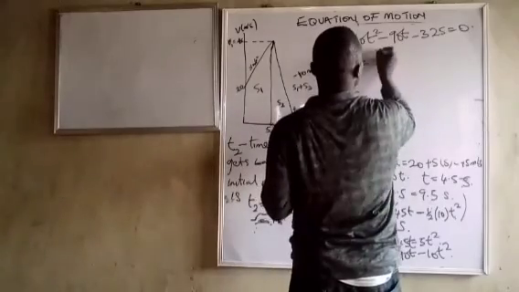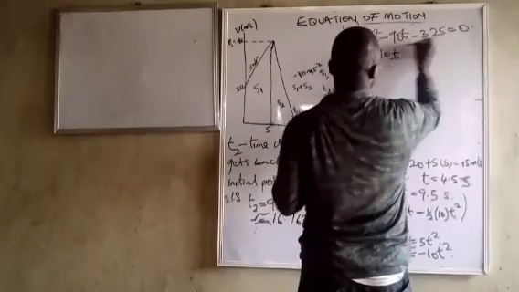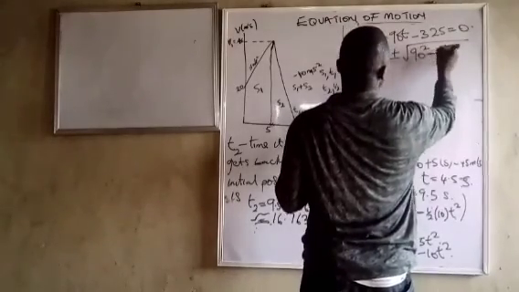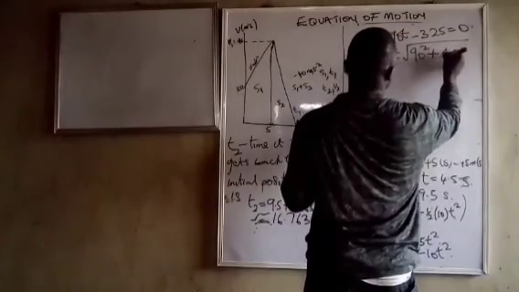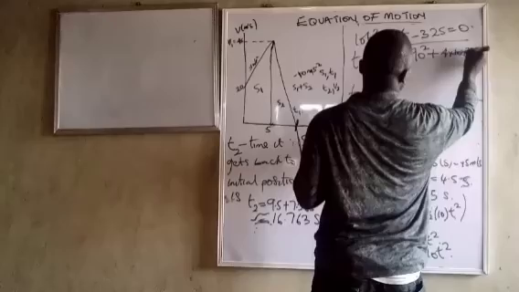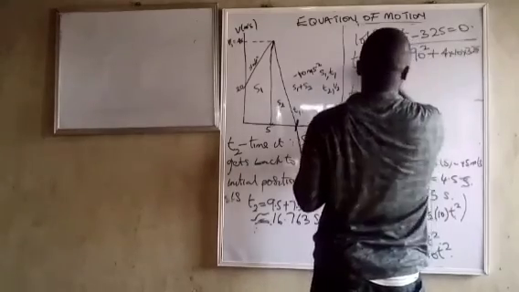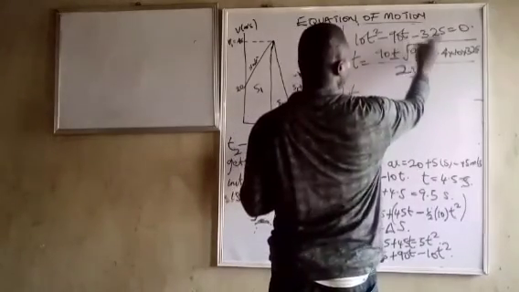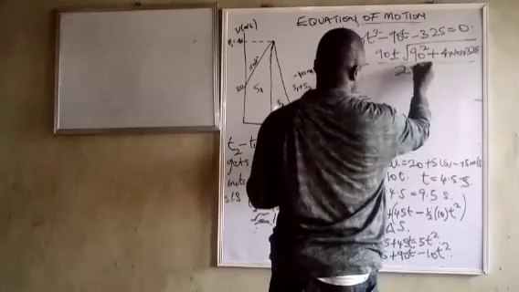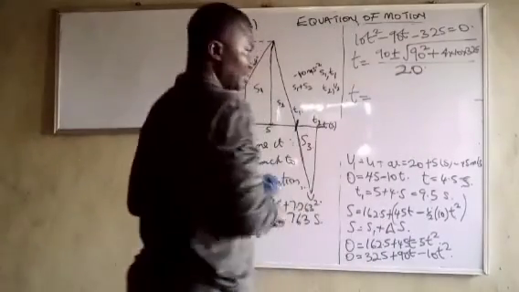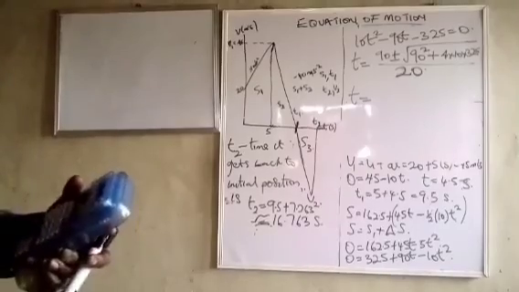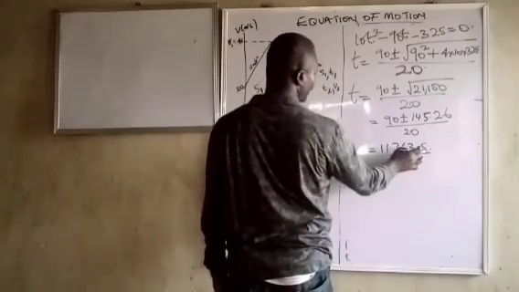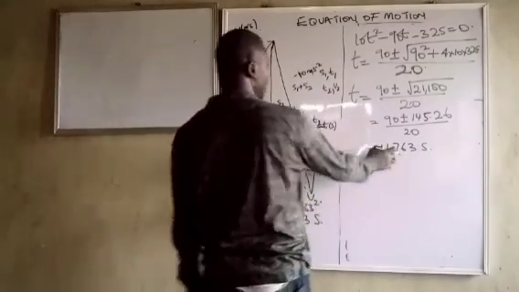So t equals 90 plus or minus root of 90 squared plus 4 times 10 times 325, over 20, because this one is negative here, so it has made this one to be plus. So t is now 11.763563 seconds.